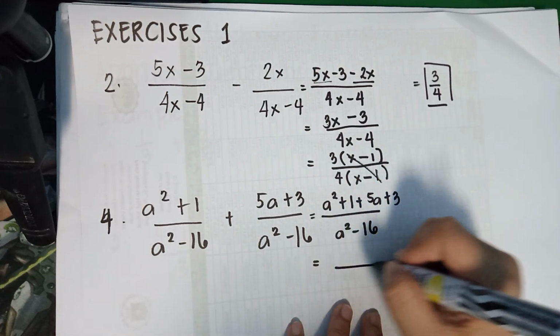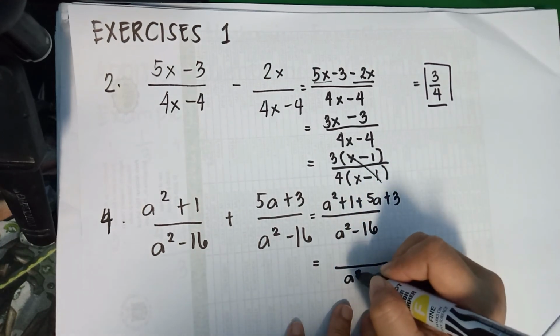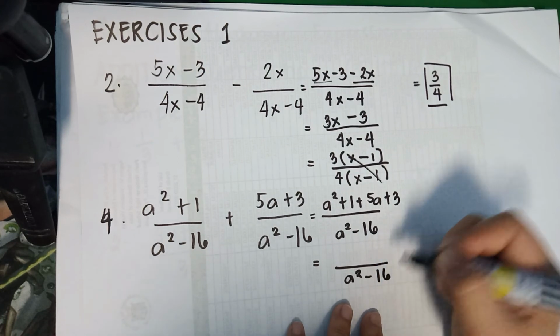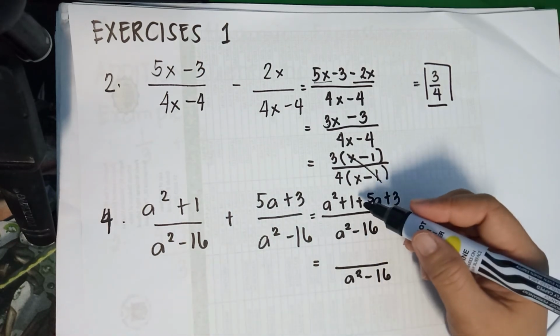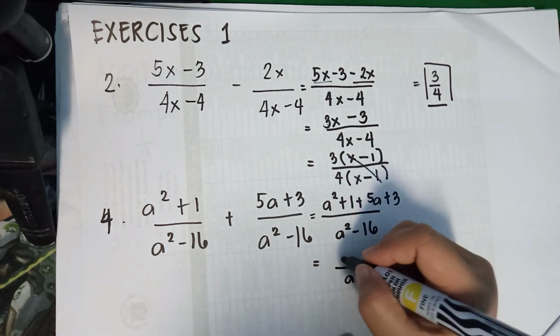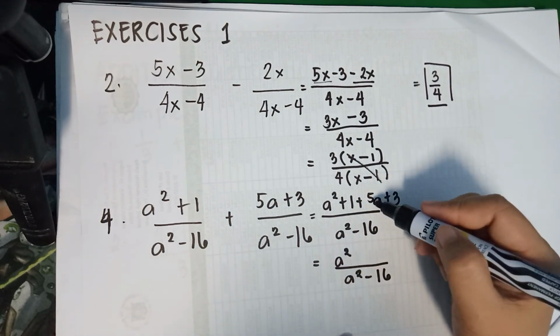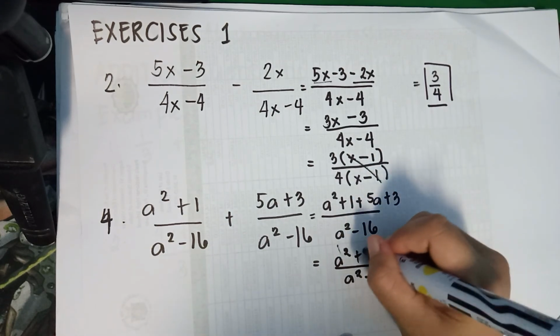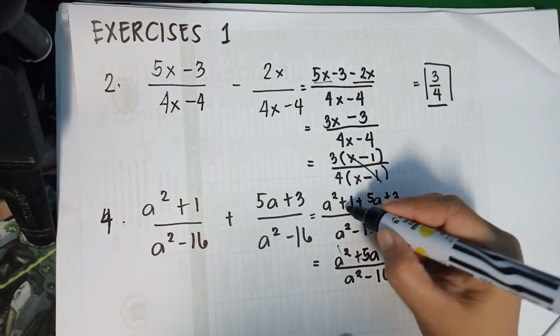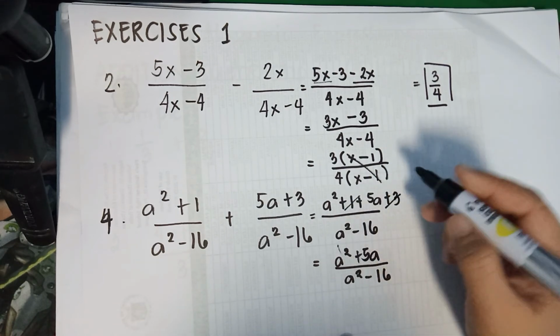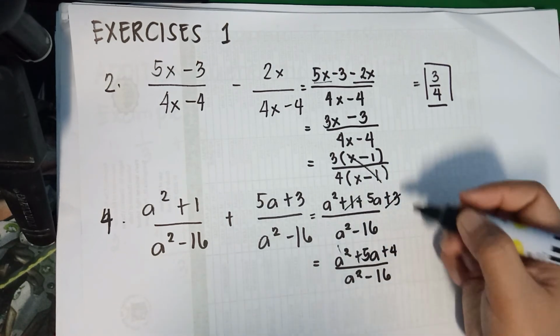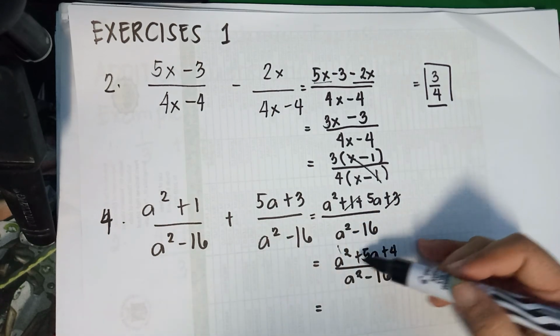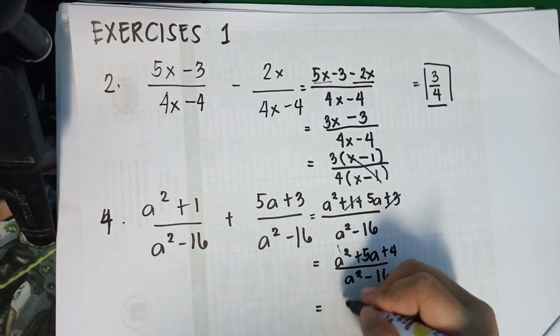Next, still copy the denominator, a squared minus 16, and combine like terms of the numerator. We have a squared, next, plus 5a, and combine 1 plus 3, we have 4. Since we have here a trinomial, we will try to factor out.